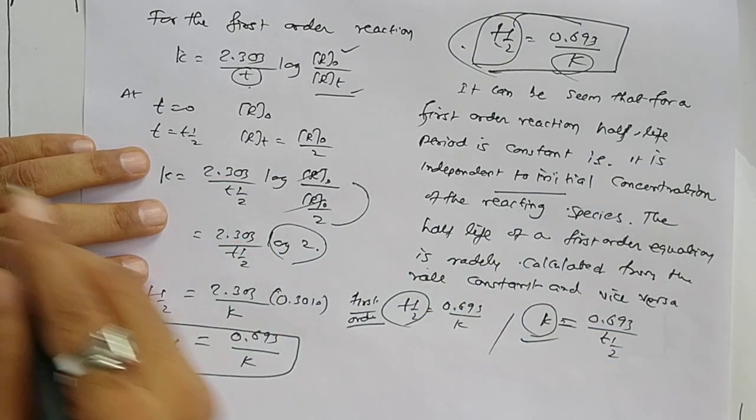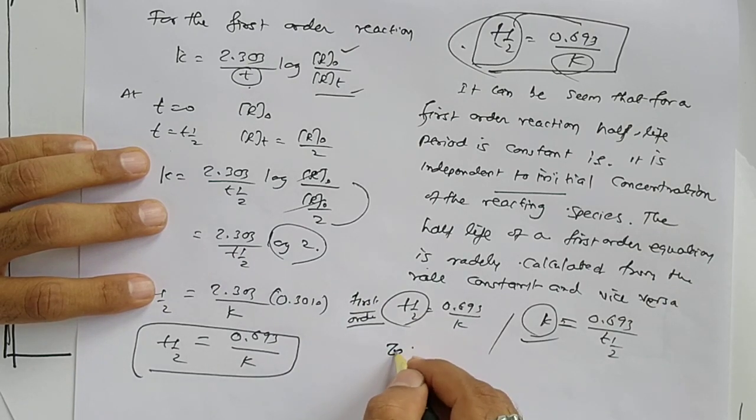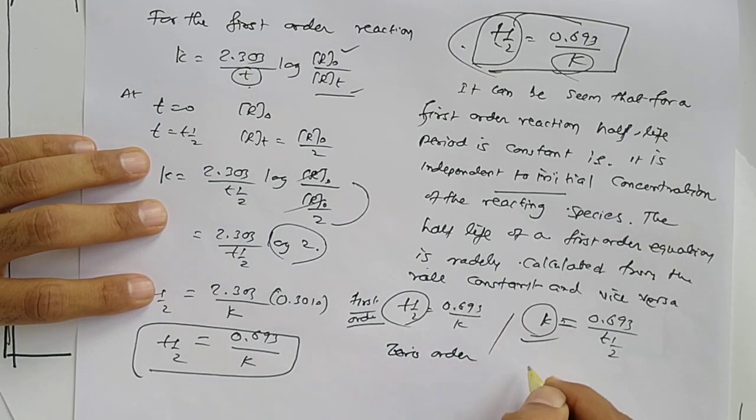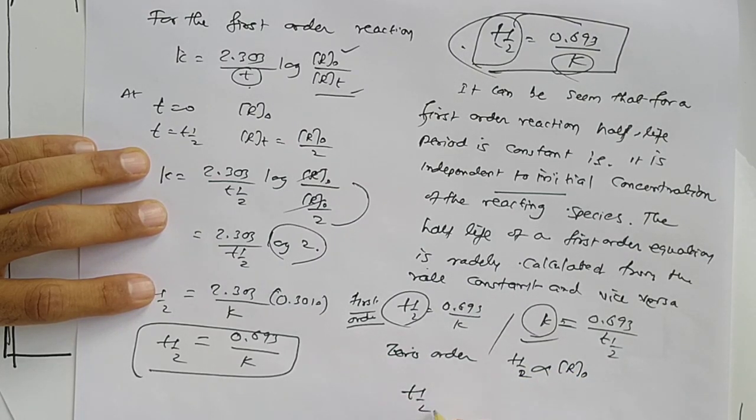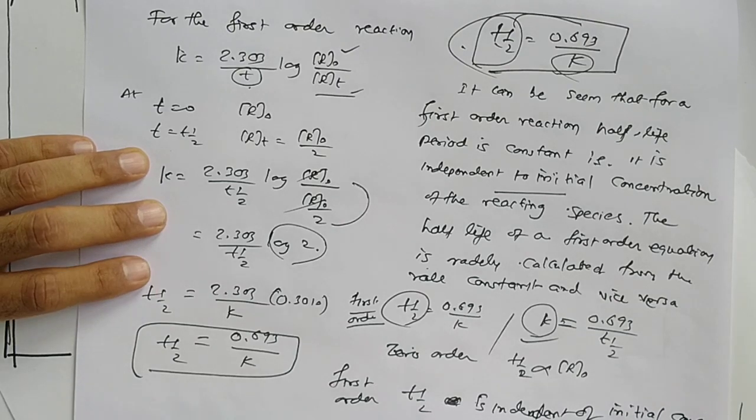Now in last, for zero order, T1/2 is proportional with the initial concentration, whereas for first order T1/2 is independent of initial concentration.